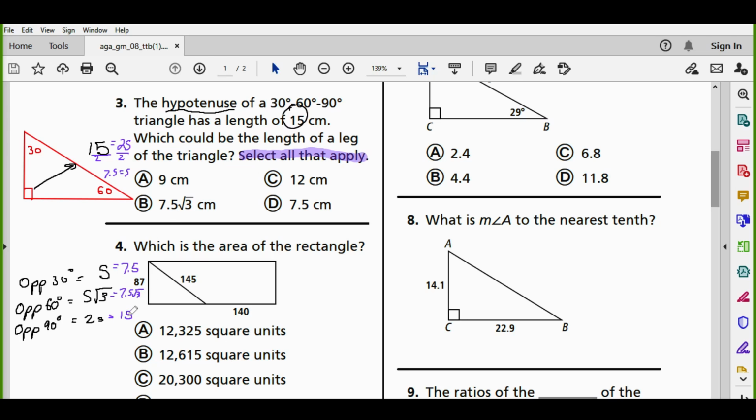So I am looking for 15, which never mind because that's the answer. I'm looking for 7.5, and I'm looking for 7.5 times the square root of 3, because those are the 3 answers that fall out from that little trick I told you to memorize the relationship of the sides.